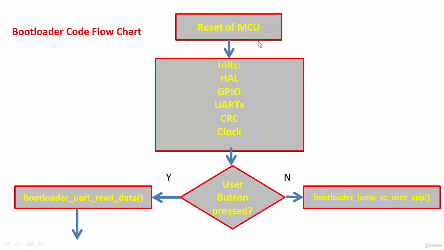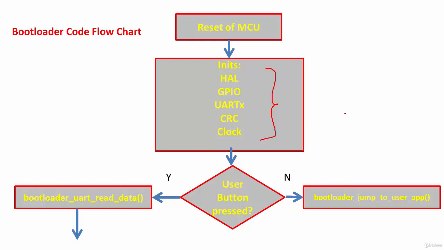First, when we reset the microcontroller, the bootloader code runs and does all these peripheral and clock initializations. It initializes the hardware abstraction library, the GPIOs used, the UARTs used, the CRC engine used, and the clock.